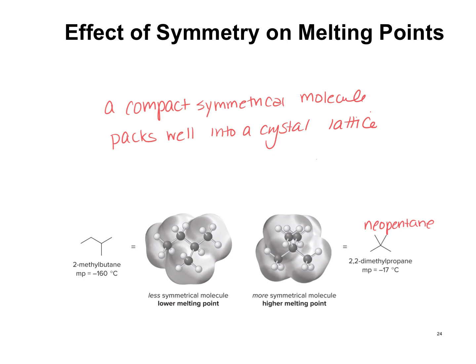Whereas isopentane here does not, right? So when you have symmetry and you're compact, you're more likely to pack well into a crystal lattice of a solid, right? And so what we see then is that neopentane has a much higher melting point than isopentane does, okay?